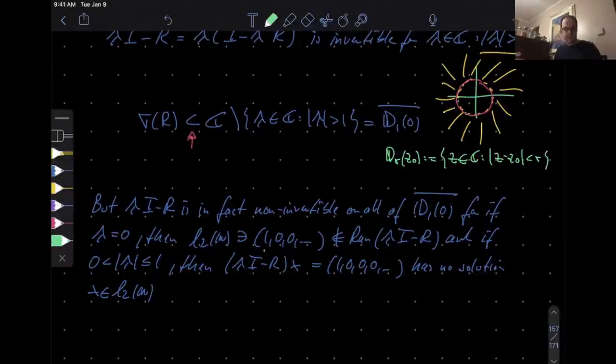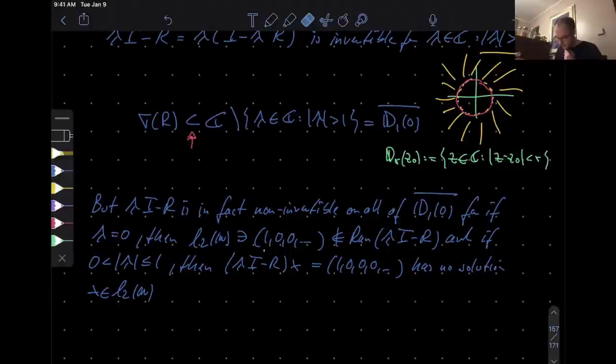Then if lambda is different from 0 but in complex modulus less than or equal to 1, so you're inside the punctured unit disk, then I claim that this equation here has no solution that is square summable. And once shown, this would then prove that indeed lambda I minus R is again not surjective if this constraint is satisfied.